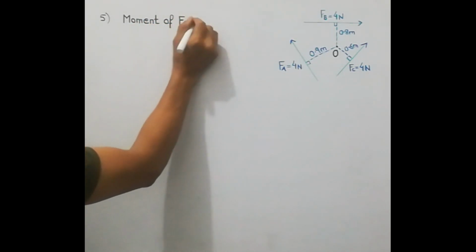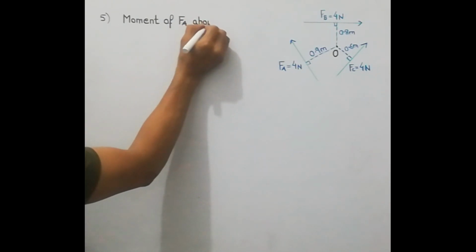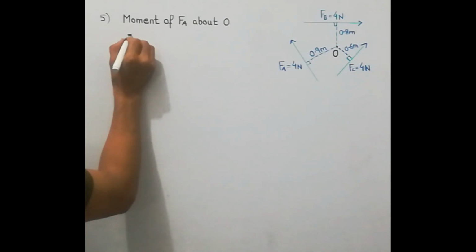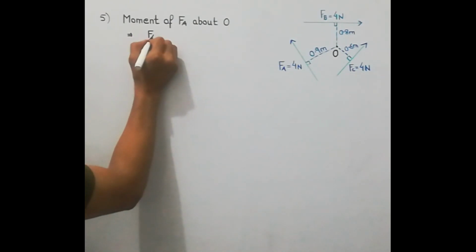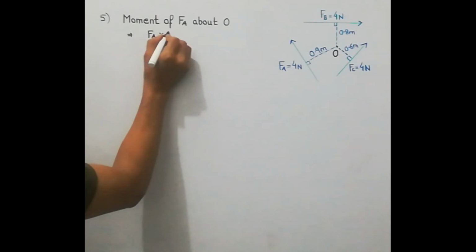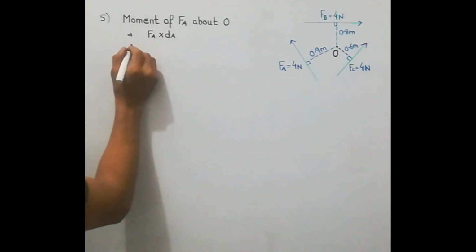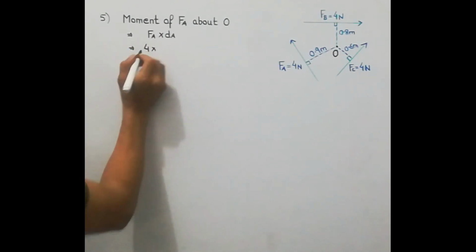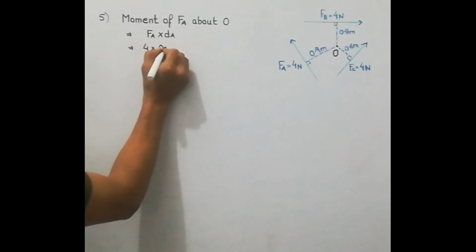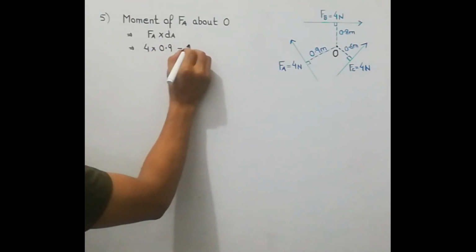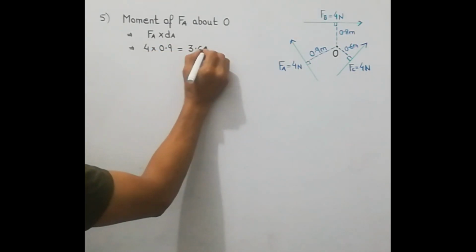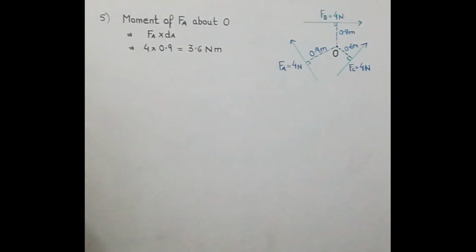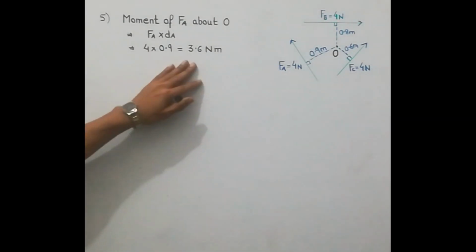Moment of FA about O. So that is FA is 4 and its distance is 0.9. So that is 3.6. Force is in Newton, distance is in meter, so it's Newton meter. But is this answer complete?